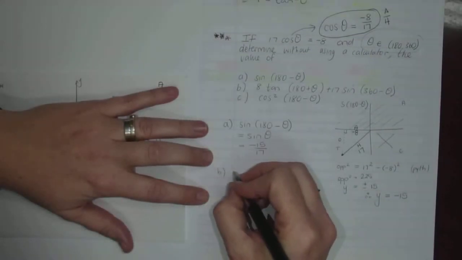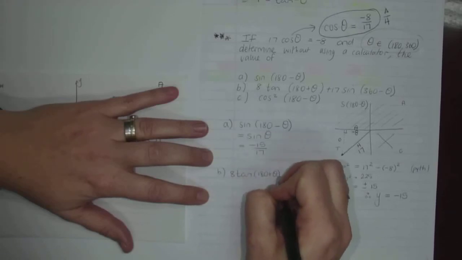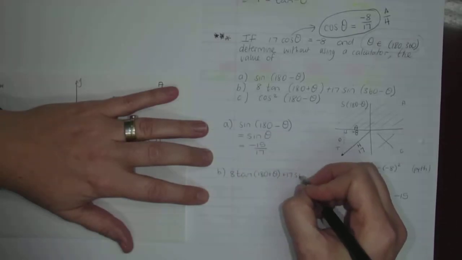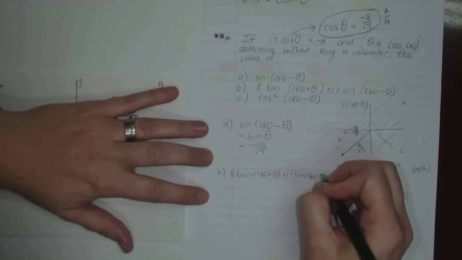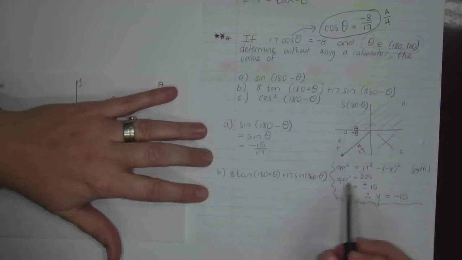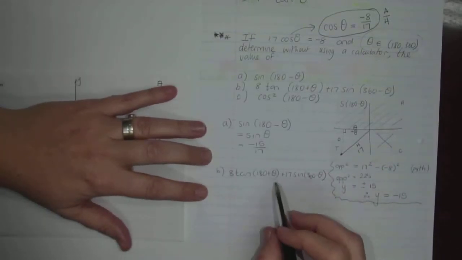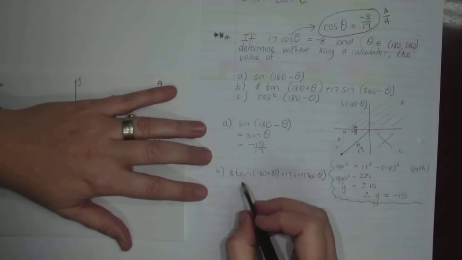B, if I have 8 tan of 180 plus theta plus 17 sine of 360 minus theta, I first need to rewrite these reduction formulas as standard tan, cos, or sine.